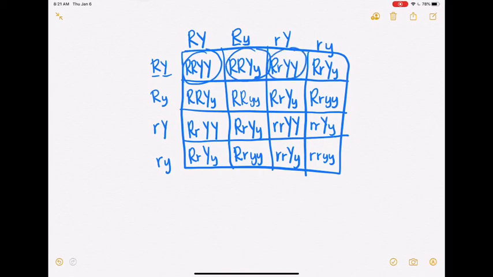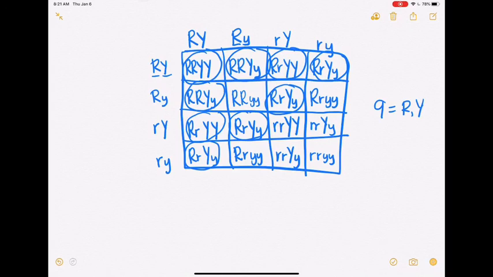If it's round, it's got to have one big R. If it's yellow, it's got to have one big Y. So you would have to look for those with one big R and one big Y. And you would see there that there's 9, round and yellow.